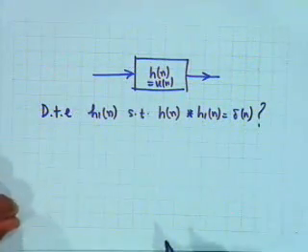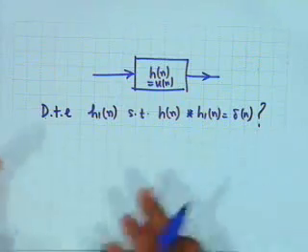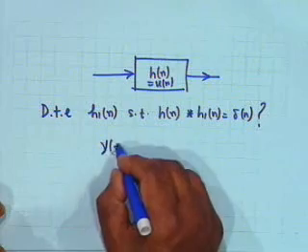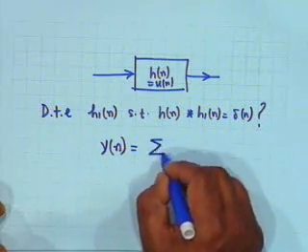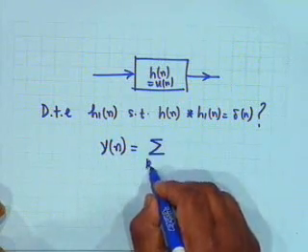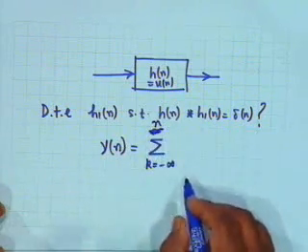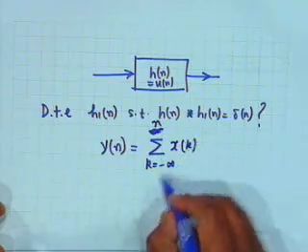This is the question. Now, instead of answering the question directly, that is taking the convolution and trying to find whether delta n exists or not, why don't we look at the input-output relation, that is y of n equal to the sum over k equals minus infinity to n of x of k.